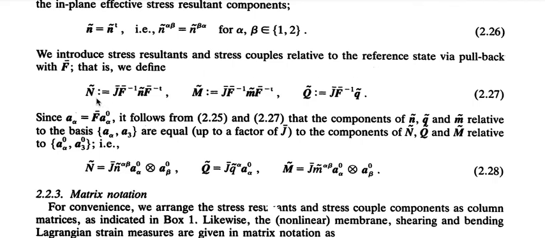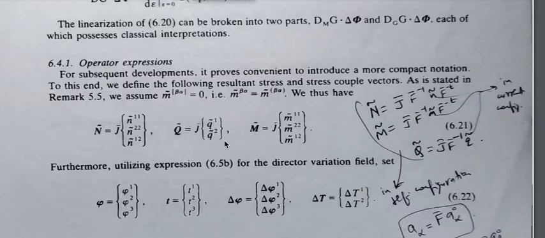By doing this pullback operation to the reference state, we can write these values as n tilde is equal to j F inverse times n tilde F inverse transpose, and like this, and these can be attributed to the convected basis operation. So using this expression a alpha is equal to F times a alpha naught, we can basically get these expressions. So just a change of factor of j, and we get the same quantities in the undeformed configuration.